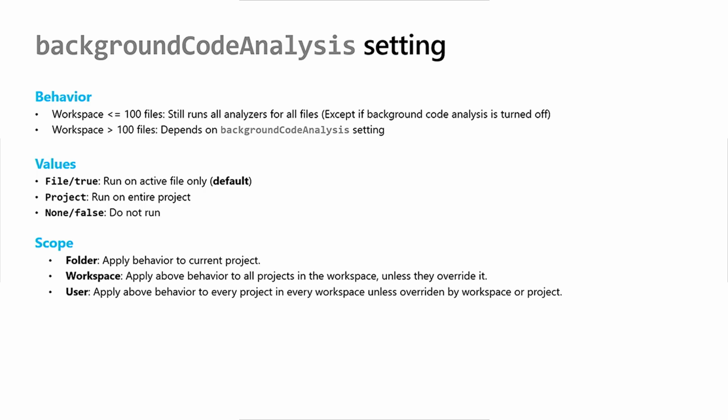Or you can set it in the user settings, which will apply to all the projects in all of the workspaces. And for dependent projects, this depends on the setting that you use for that project. It will only run code analysis on that project if you have the background code analysis setting set to project.